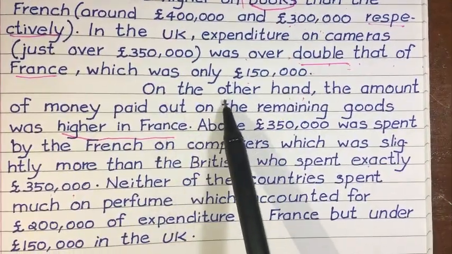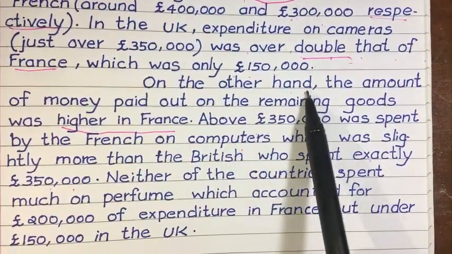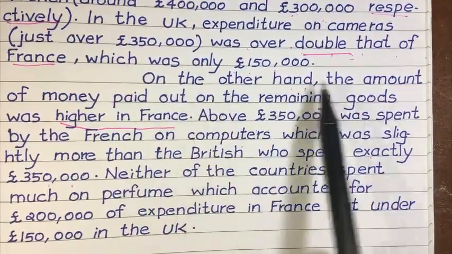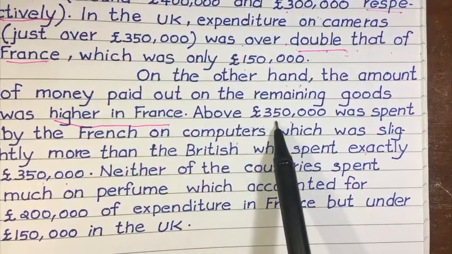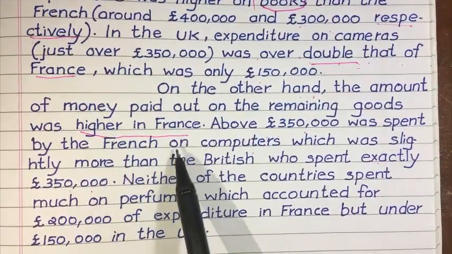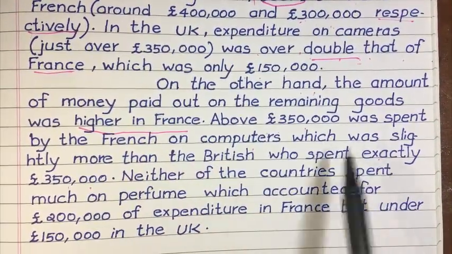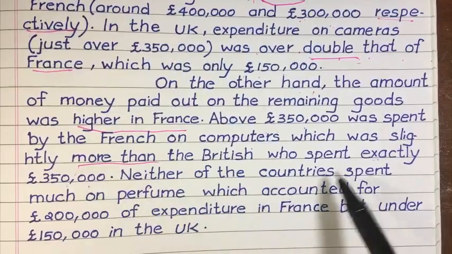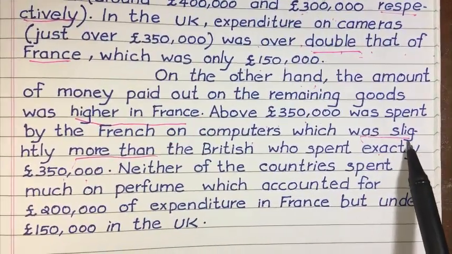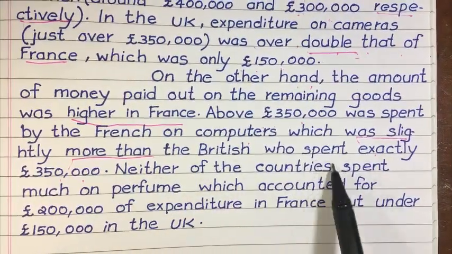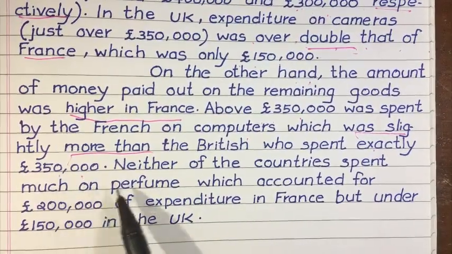This is my own personal preference. That's why I have used it here. You can use any words. So use this way. Above 3,50,000 pounds was spent by the French on computers, which was slightly more than the British, who spent exactly 3,50,000 pounds. Again, I have used another word in comparison.